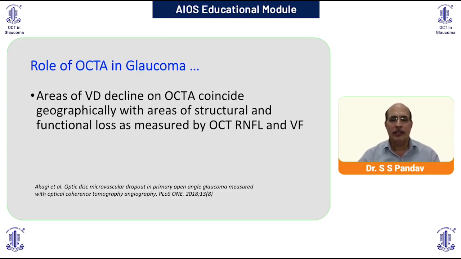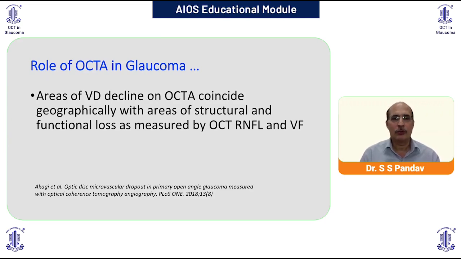So there is a correlation between the structural loss we see in the OCT, like nerve fiber loss or nerve fiber thinning, and the same area would show a decrease in the vasculature, or capillary dropouts, on OCTA as well. The two correlate very well with each other.